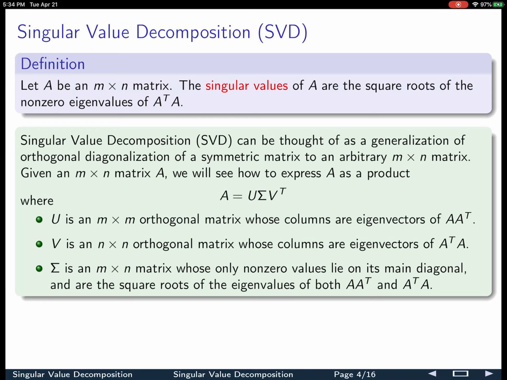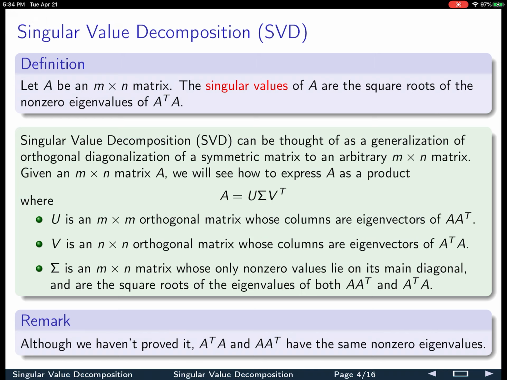So yeah, A A transpose is a symmetric matrix. A transpose A is a symmetric matrix. That means that we're going to be able to orthogonally diagonalize each one of those. And that's where we're building off of the orthogonal diagonalization from last time.